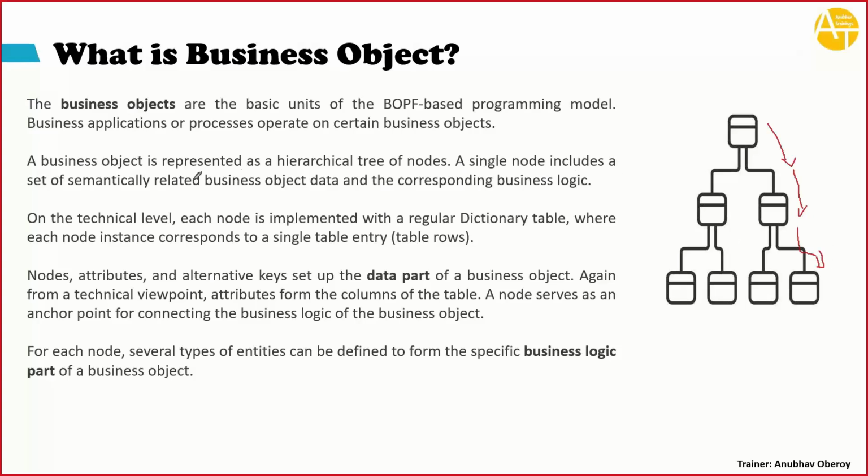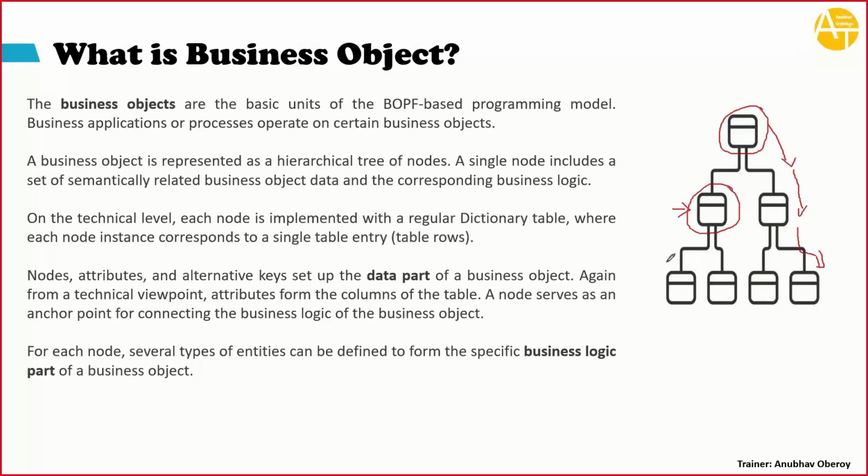A single node includes a set of semantically related business object data and corresponding business logic. One node here is actually independent. You can use it independently or together with other nodes. Each node, a single node, represents a business object, and the whole thing represents a tree. So all of these tree nodes are actually business objects.